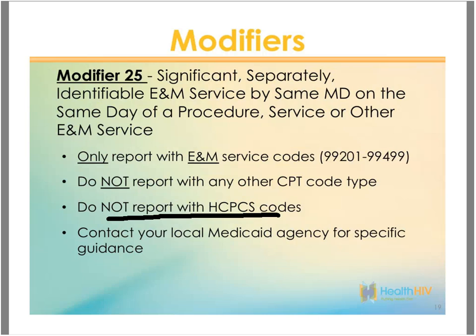There are some payers that have given specific instructions to use modifier 25 on a HCPCS code and on an E&M code. So you have to follow up with those payers before you begin using the modifiers.